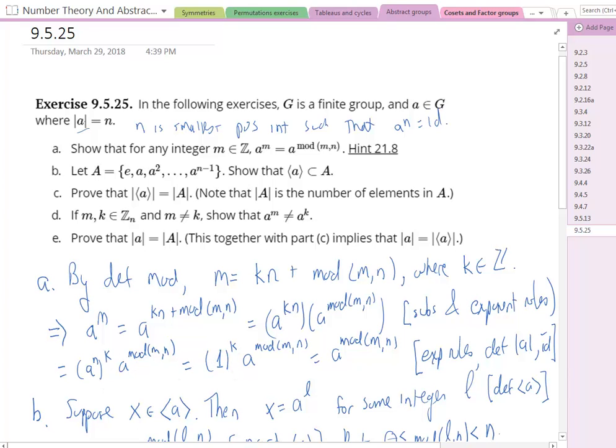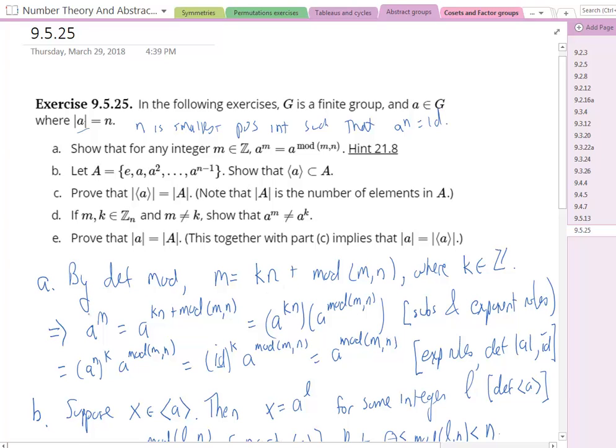And actually that should be id to the k, because we're not necessarily working in the integers. So id to the k times a to the mod of m n. Now, if you take id times a to the mod of m n, that's just going to give you a to the mod of m n.